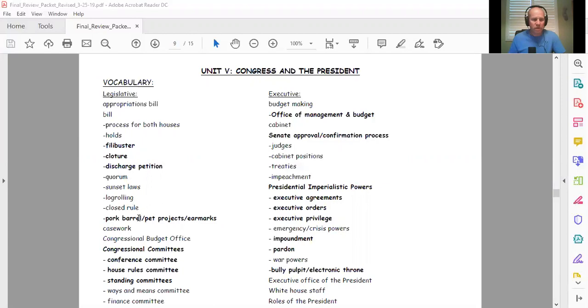So pork barrel projects, pork barrel pet projects, earmarks. Remember, these are all things that get put onto bills as they're going through. For example, in the stimulus package that just got passed, the $2 trillion stimulus package, there were all kinds of pork and pet projects and earmarks stuck in there. For example, there was $35 million for the Kennedy Performing Arts Center, in a package which was supposed to be for protecting small businesses and paychecks to individuals.